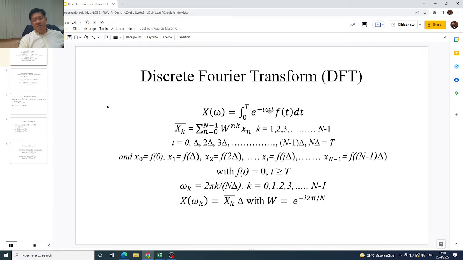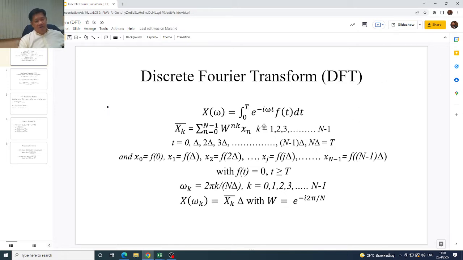So in this form, the exponential of minus i omega t, if you expand it, becomes a complex number, cos omega t minus i times sine omega t, all times f of t, which is a continuous real value along the interval from 0 to capital T.